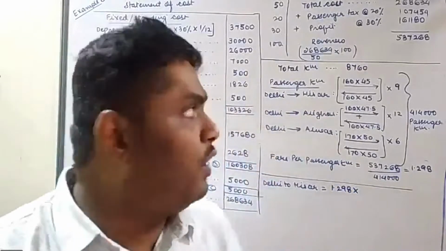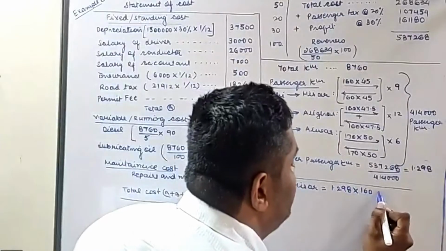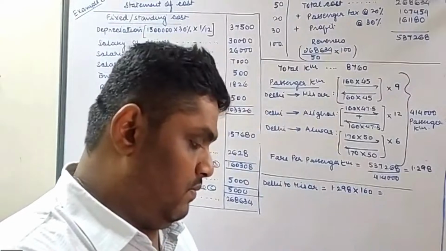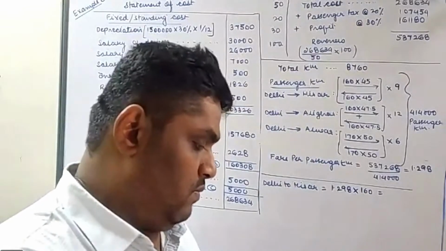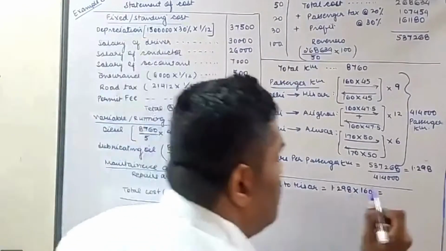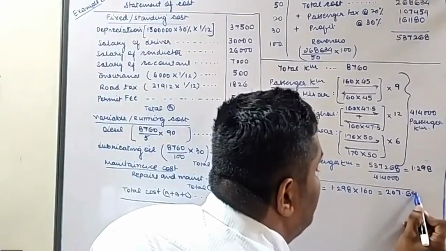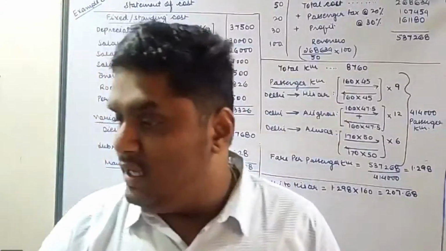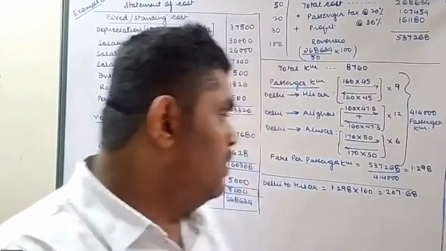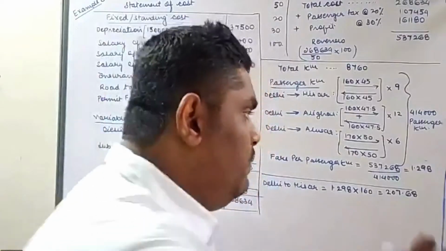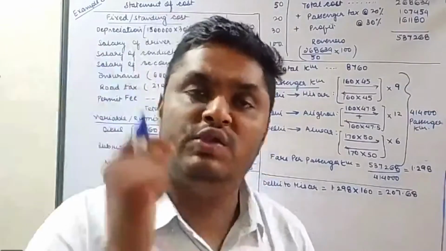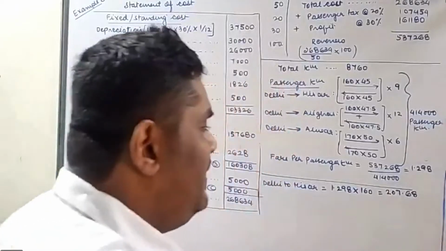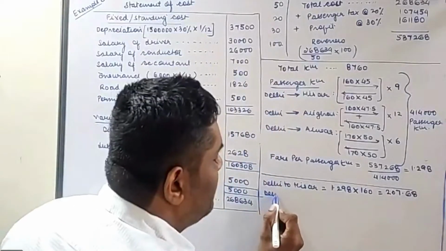When talking about the distance of Hisar, it is 160 kilometers. So the fare for Hisar one way will be 207.68. Very good, Gurmeet. Your answers are correct. So for every passenger, every kilometer, we want 1.298. If a passenger is traveling from Delhi to Hisar for 160 kilometers, the fare will be 207.68.